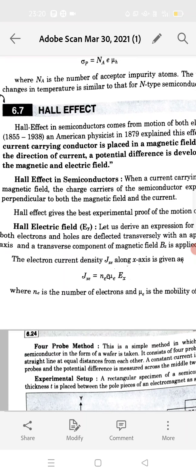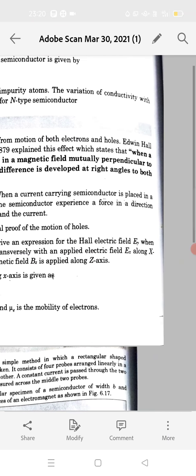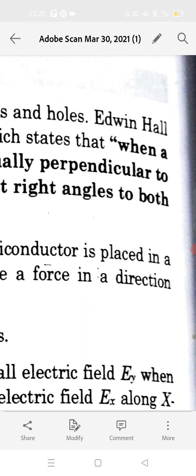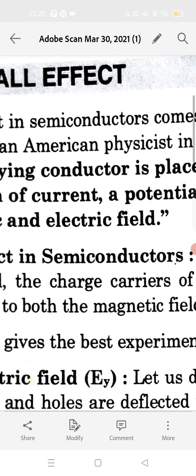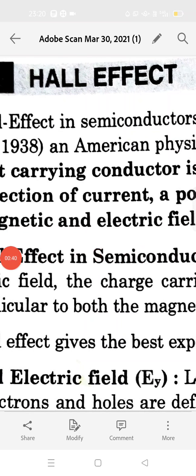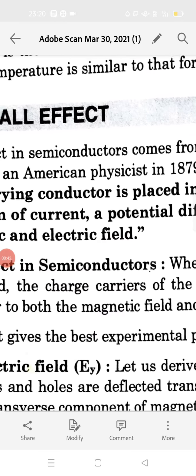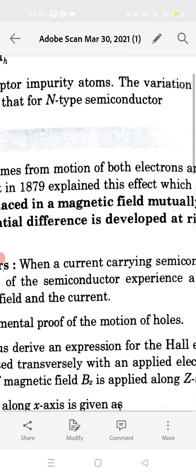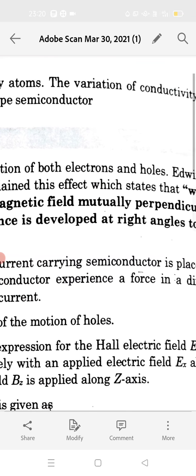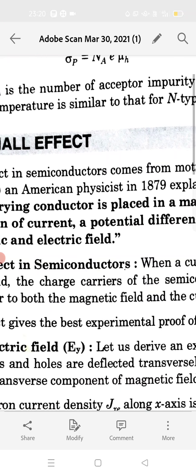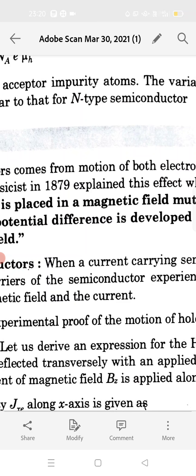In 1897 he discovered the Hall effect. When a current carrying conductor is placed in a magnetic field mutually perpendicular to the direction of current, a potential difference is developed in that conductor.